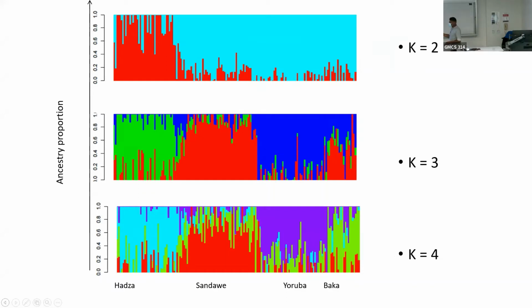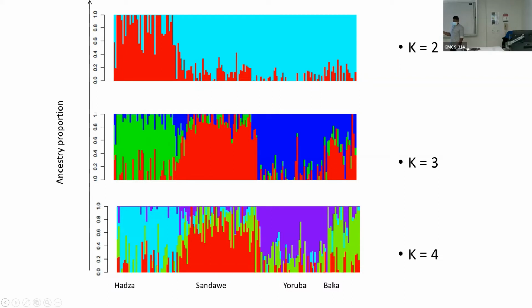If I assume that, the Hadza seem to show up as a predominantly red population. All the other populations, Sandawe, Yoruba, and Baka, stand out as a blue population, which is interesting because it shows that the Hadza people are more genetically unique compared to all of the other peoples across Africa.